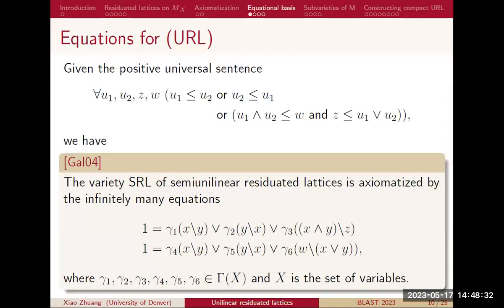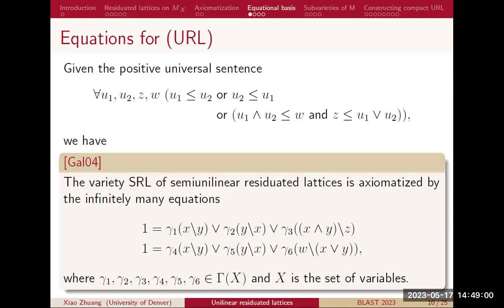Here, my gamma 1 to gamma 6 belong to the iterated conjunction, and my set x is the set of the variables. Iterated conjunction is the composition of finitely many left and right conjunctions with a variable that comes from the algebra. So you can take arbitrary iterated conjunctions and put them together.